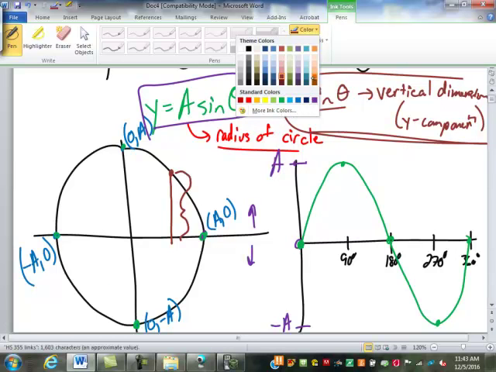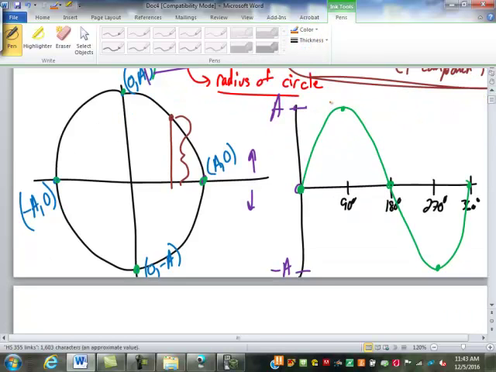Cosine then is going to be exactly the same way. If I have y equals a cosine of theta, well then here at 0 degrees, cosine is measuring the horizontal, so it starts out at a. At 90 degrees, horizontally it's 0. At 180 degrees, horizontally it's at negative a.